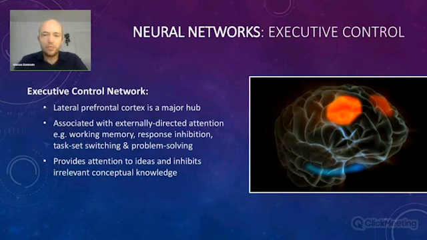And the default mode network is part of the parietal lobe, as we saw before, and part of the prefrontal cortex. So you could say that the default mode network isn't really fully formed until the prefrontal cortex is fully formed. But the parietal lobe does finish forming a lot earlier than that.